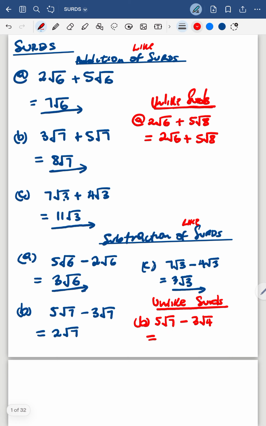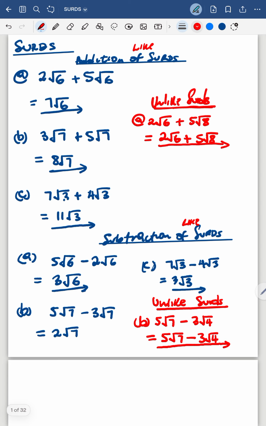Root 7 and root 4 are unlike, so we can't do anything. It's the same problem that you were given. It doesn't get affected if it's unlike terms. But if it's like terms, you can add, you can subtract. Now we're going to move to the multiplication of surds.